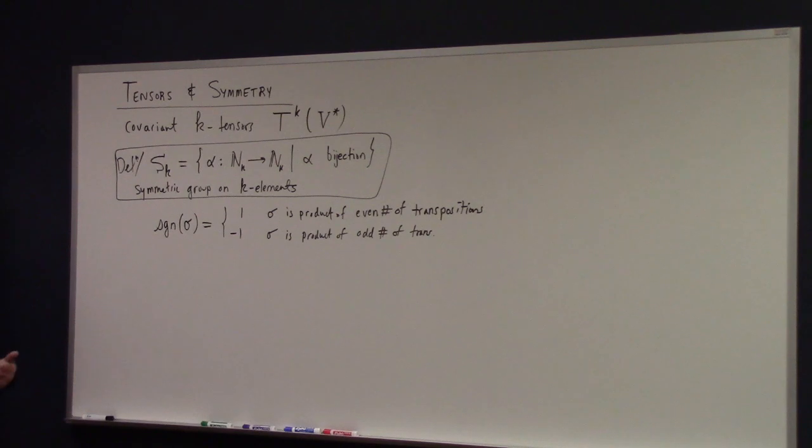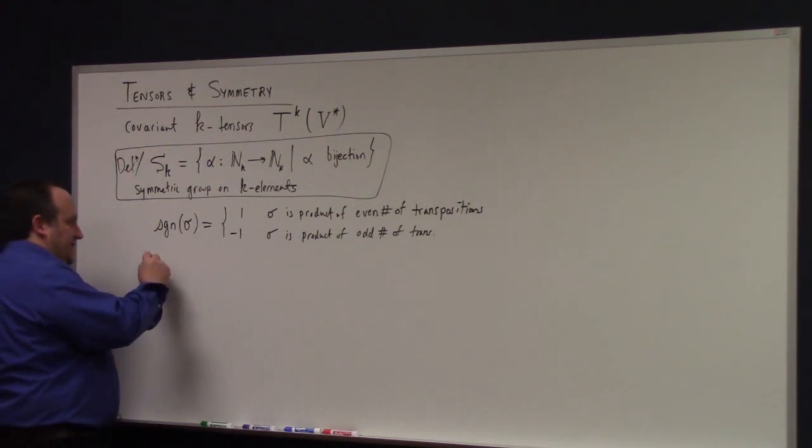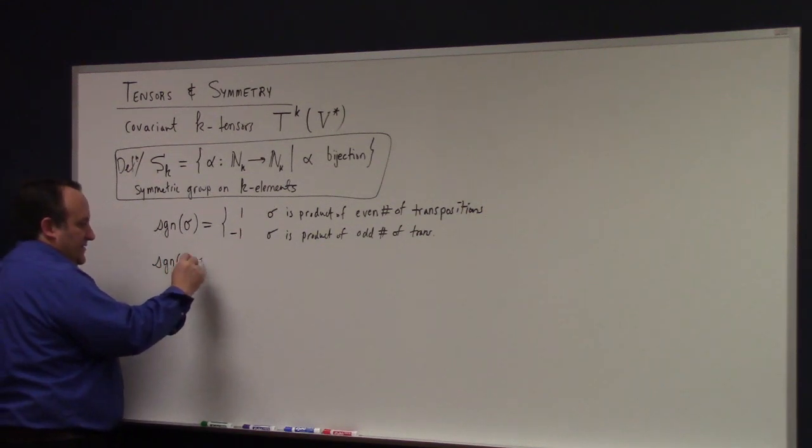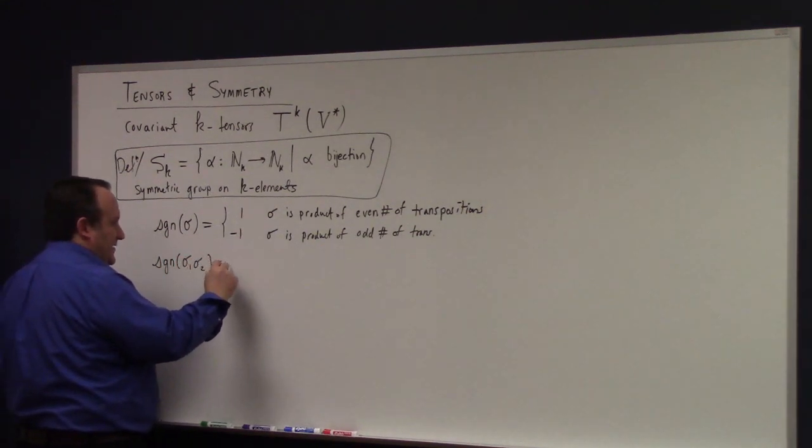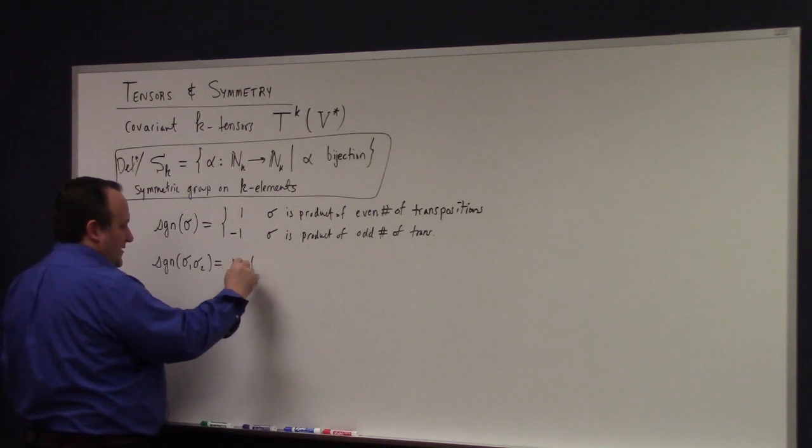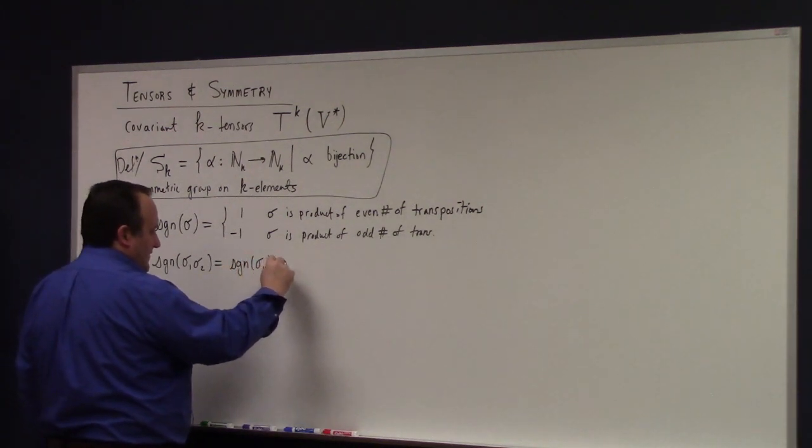And this is called a homomorphism because a property of this, for instance, is if you take the sign of sigma 1 times sigma 2, it's actually equal to the sign of sigma 1 times the sign of sigma 2.